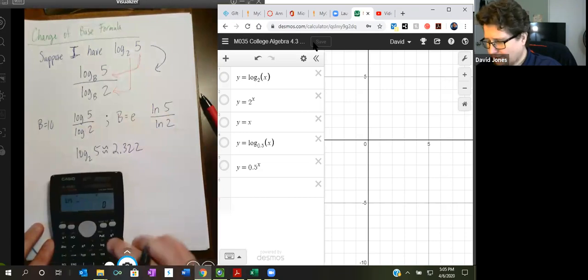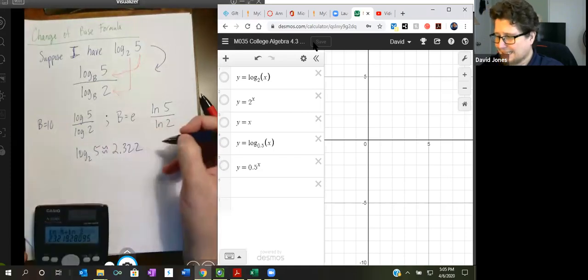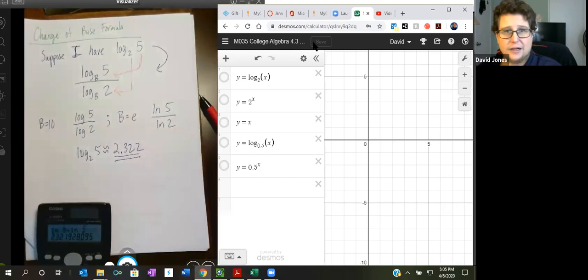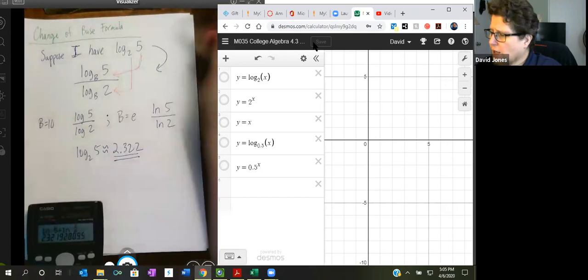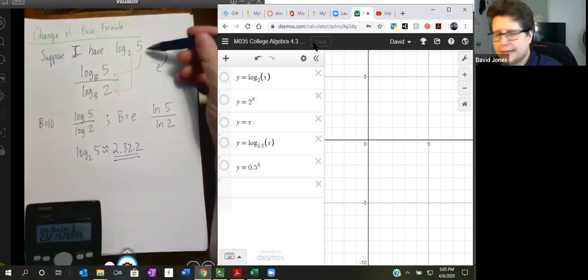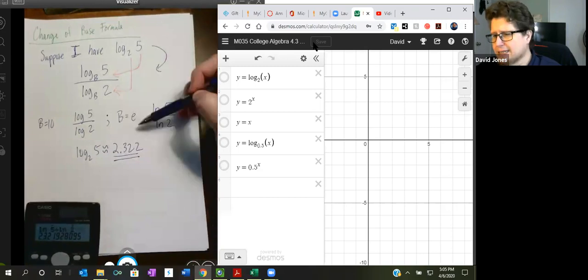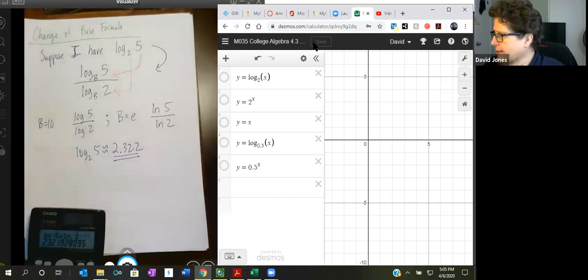Natural log of 5 divided by natural log of 2, and I still get 2.32. So that's how the change of base formula works. It makes it so we can take something that's in a complicated form where it's not easy to figure out the number, turn it into bases that calculators can work with easily, and then calculate what we need.